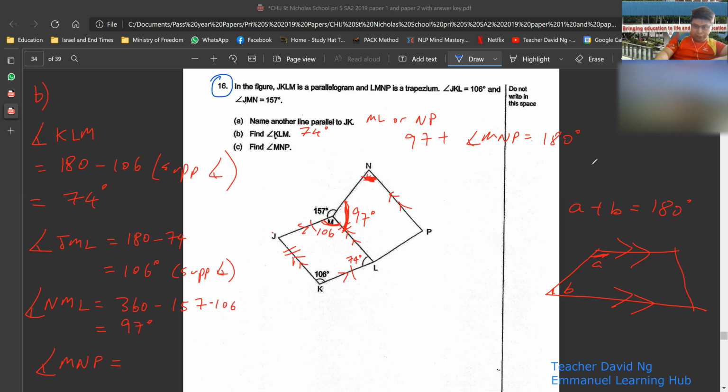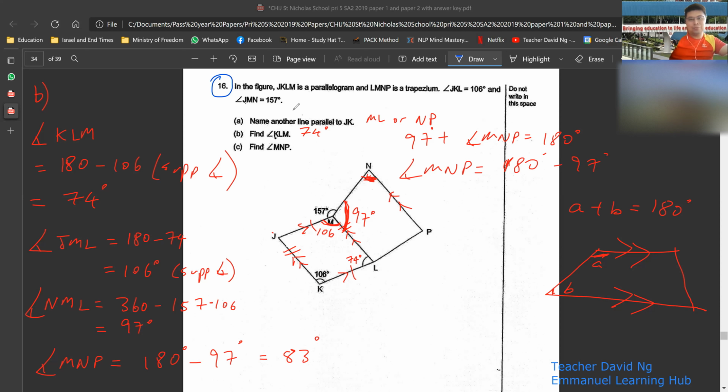That's what you mentioned earlier. So angle MNP would then be equal to 180 minus 97. Very good. So angle MNP is 180 minus 97, which is 83.